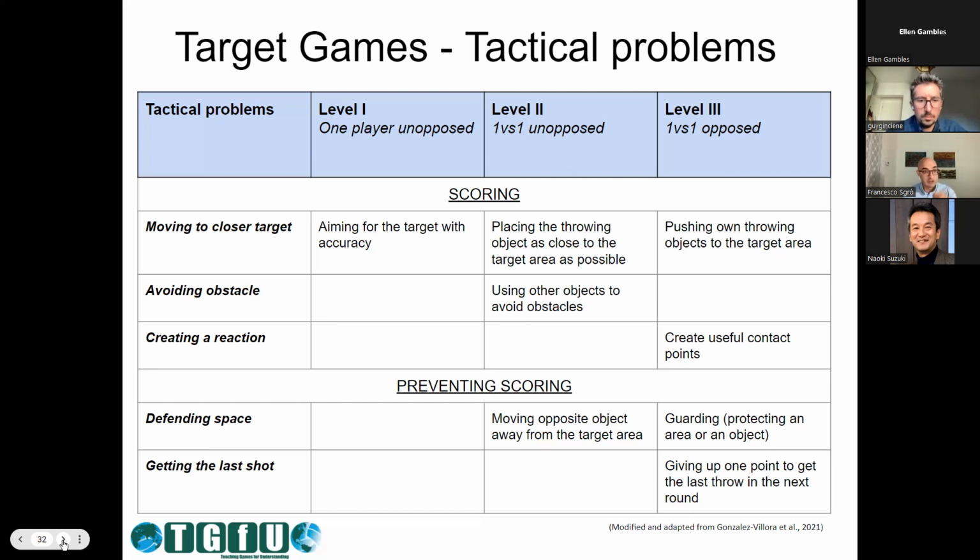Of course, each teacher or each coach can use this table to understand which is the best tactical level of complexity that is adequate for their students or players. Then each teacher can use this table to develop the best teaching or coaching process for improving the learning and performances of their students or players respectively by supporting them in game-based situations. That's it for target games.